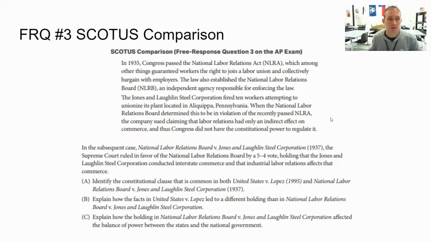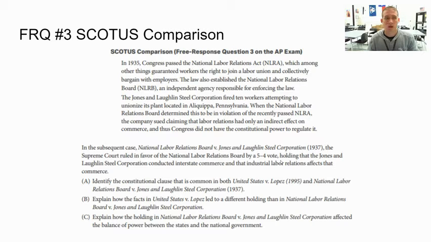Like the second blurb here, it says, in a subsequent case, if you go down, the Supreme Court ruled in favor of the National Labor Relations Board by a 5-4 vote, holding that Jones and Laughlin Steel Corporation conducted interstate commerce and that industrial labor relations affects that commerce. So as you can imagine, if interstate commerce rings a bell for some of your required Supreme Court cases, that's because if you look down in your questions, it brings up U.S. v.